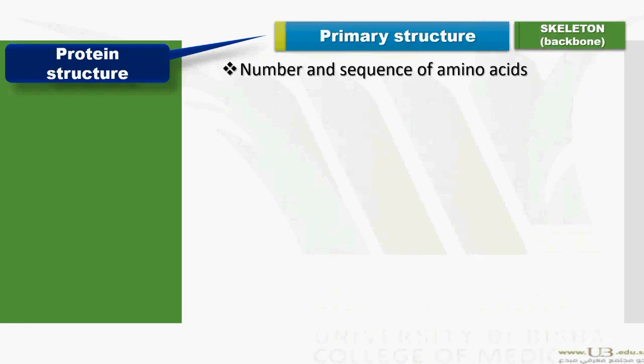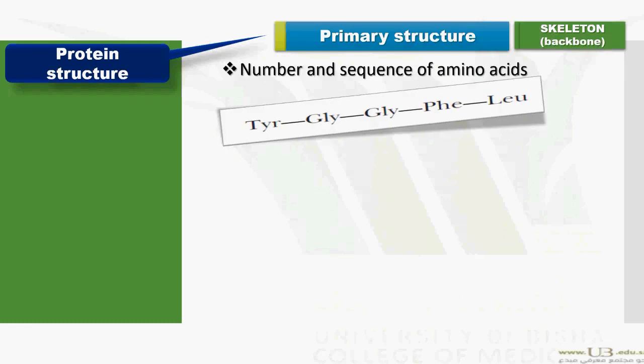You can have some of the amino acids repeated with some frequency. In this case, for example, TYR refers to tyrosine, GLY for glycine, PHE for phenylalanine, and LEU for leucine.